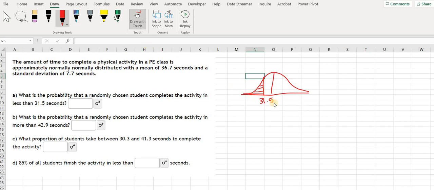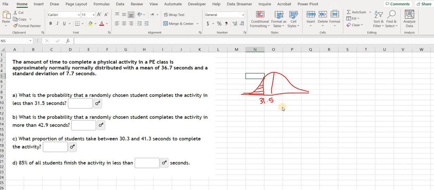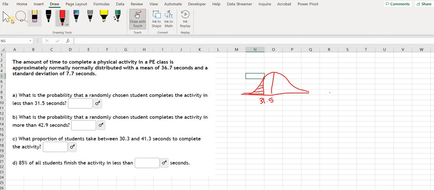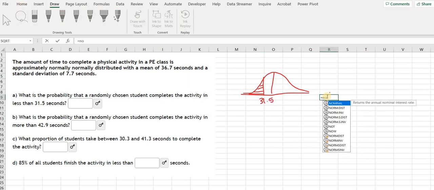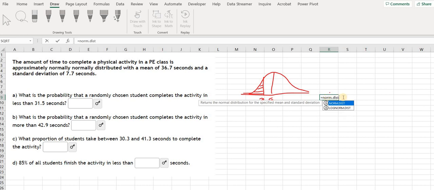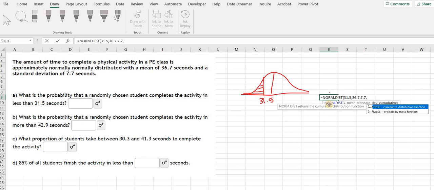I know that the normal distribution function computes the area under the curve to the left of a given number, so that is what I'm going to use to answer that question. So here we go. Equals norm dot distribution of 31.5, comma, the mean 36.7, comma, the standard deviation 7.7, comma, true.